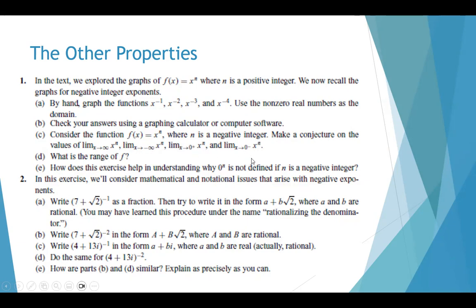And then what's the range of f? This function, f of x, is equal to x to the power of n. And how does this exercise help in understanding why 0 to the n is not defined if n is a negative integer?